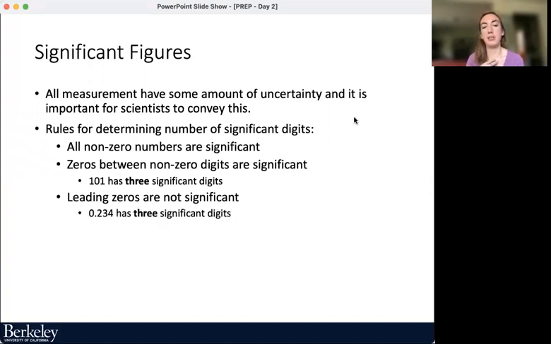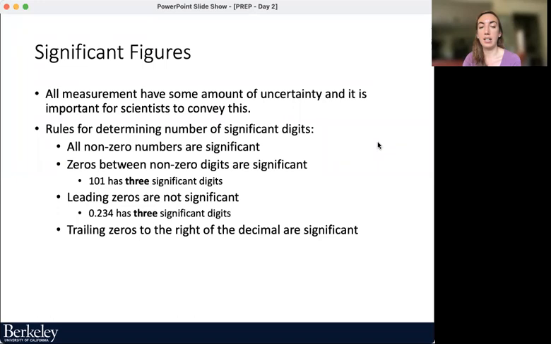So if I have 0.234, all that 0 is doing is giving me sort of how many tens places are there, and so that number has 3 significant digits. And then if there are trailing zeros to the right of the decimal, those are significant. So 0.400 has 3 significant digits.